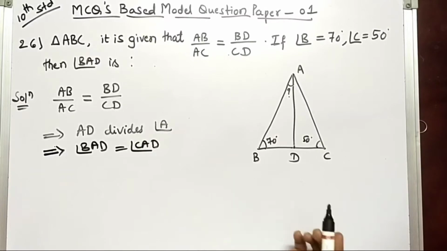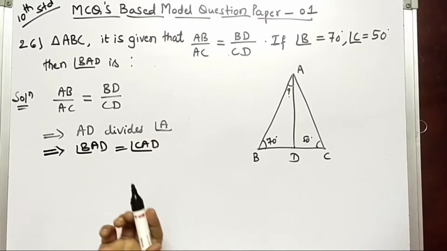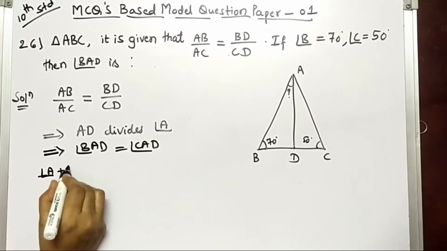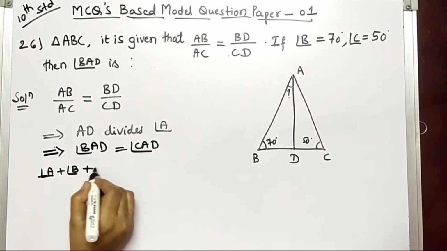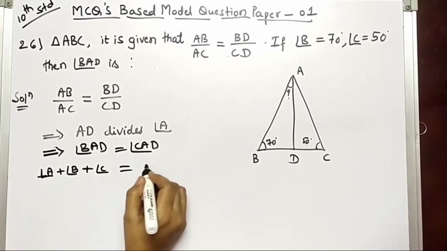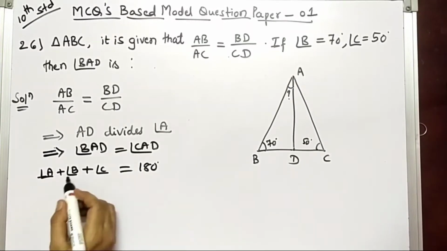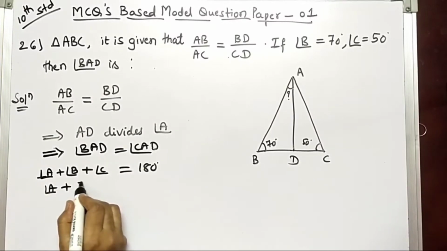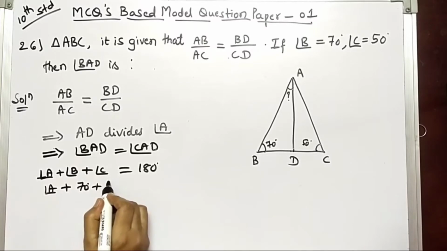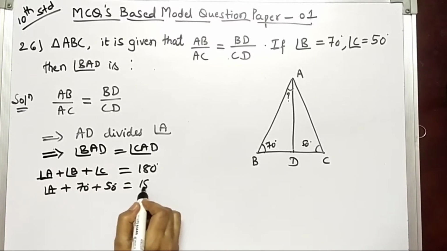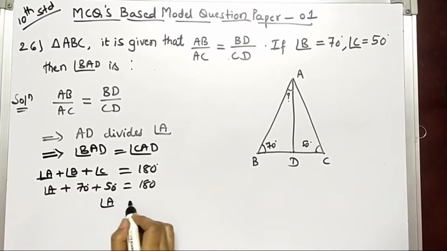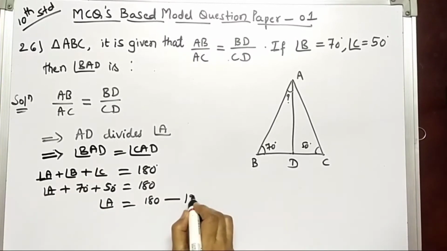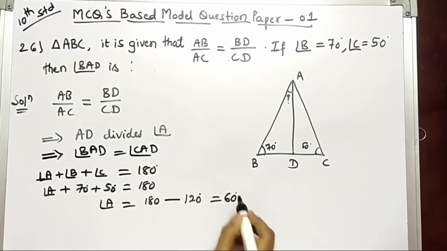AD divides the angle A. In triangle, angle A plus angle B plus angle C is equal to 180 degrees. Angle A we don't know, plus B 70 plus C 50 degrees is equal to 180. Angle A is equal to 180 minus these two, 70 plus 50 means 120, which is equal to 60.